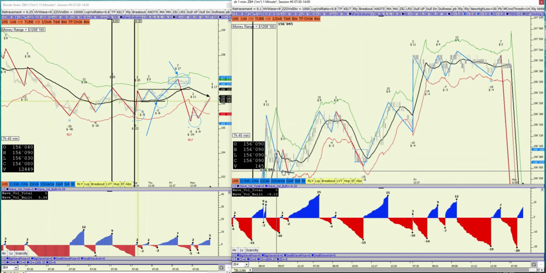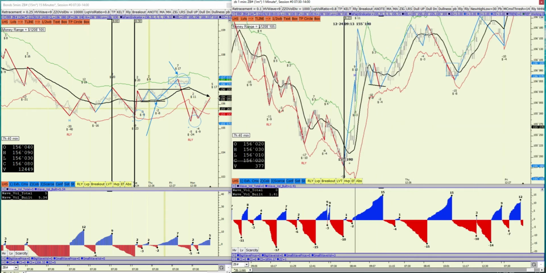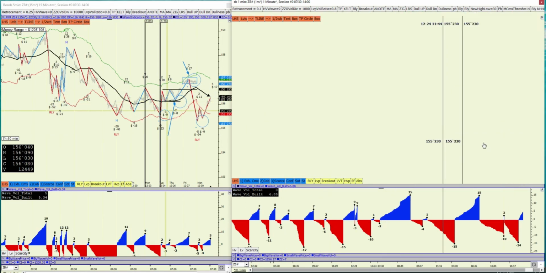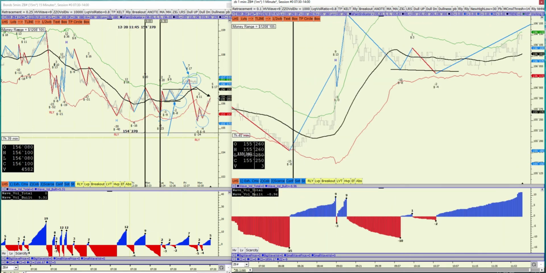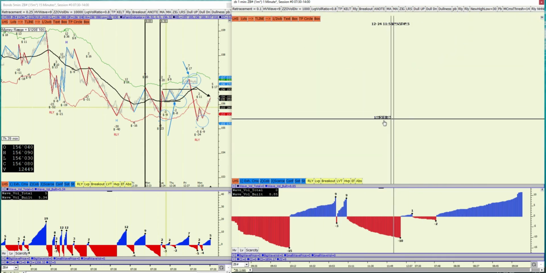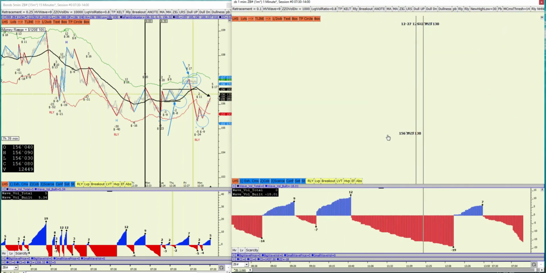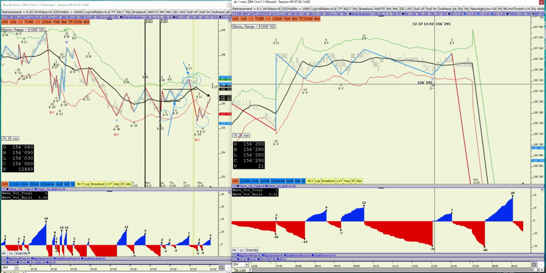Anyway, this thing is going up, up, up, up, right? From this point down on that 1-minute chart, where is this? Yeah. So it's going up, up, up, up. All of a sudden, the volume increases.